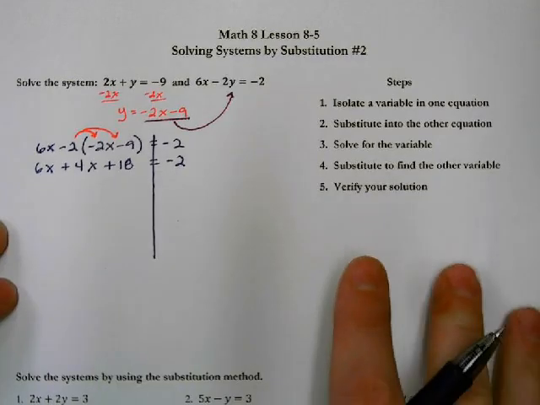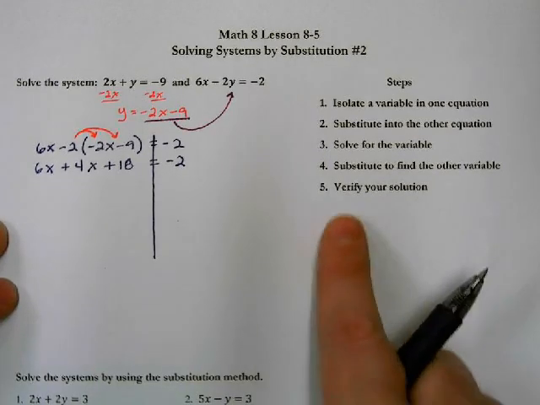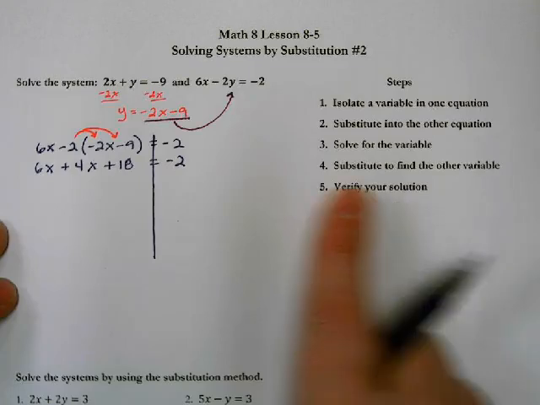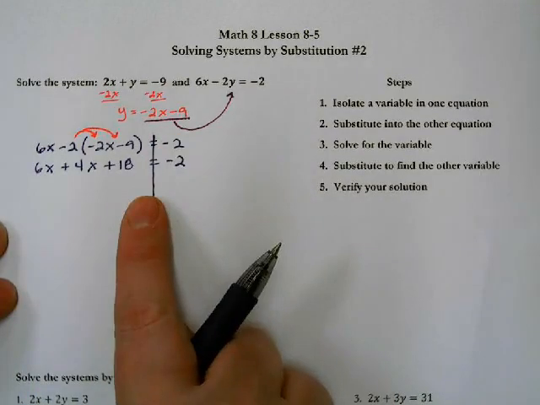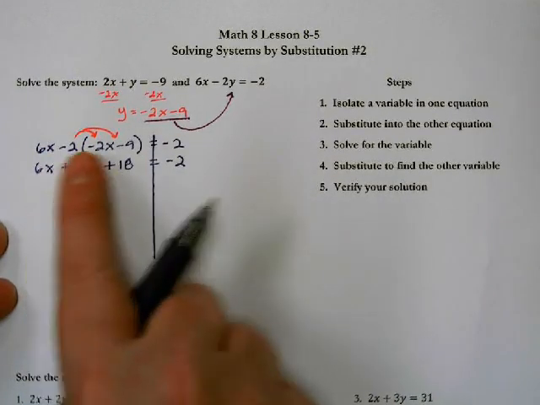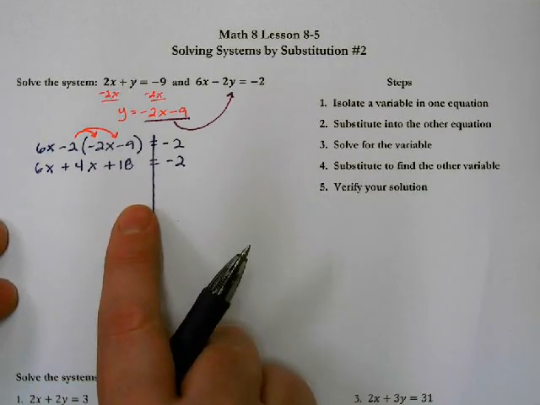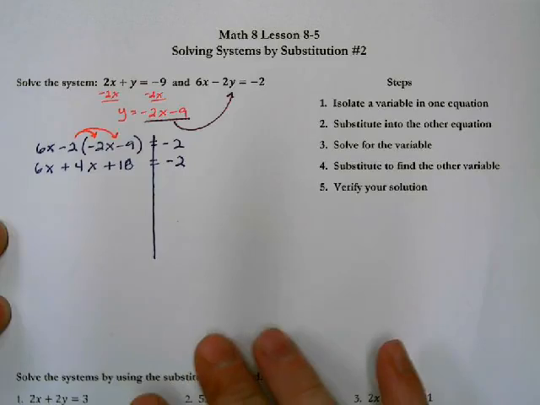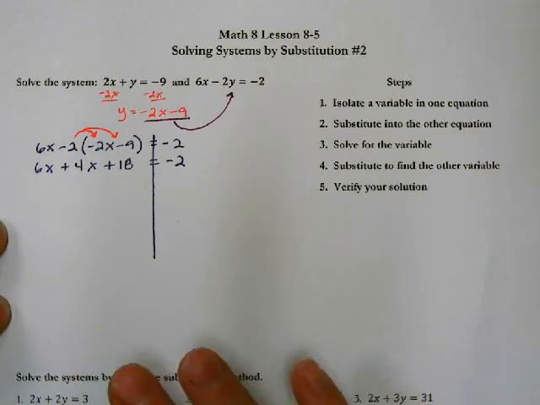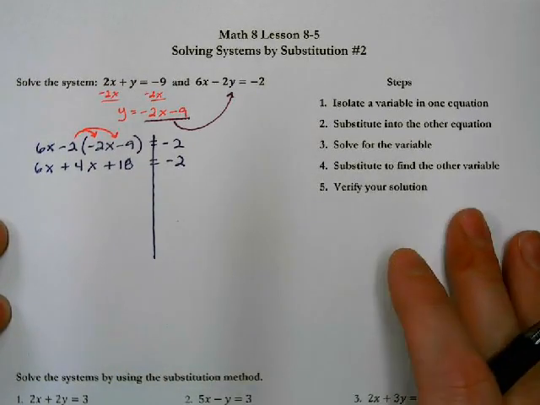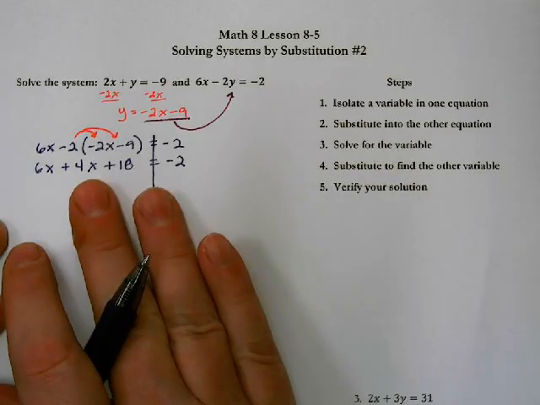Now, there is a way to check your work at the end, and that's what we're going to do over here. But if you've written everything neatly, it's really easy to go back and go, oh, I didn't distribute it up here correctly or something like that. If your work is all over the place, like some of my students do, there's no way that you can find out where you've made a mistake.